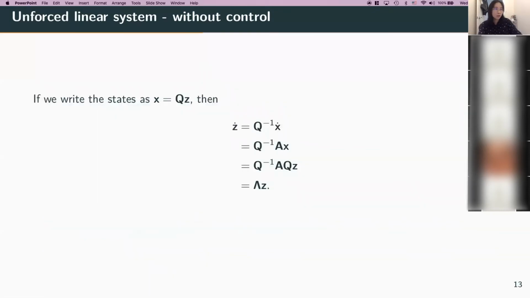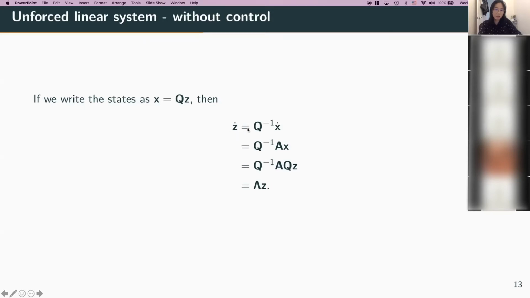Right, so now if we write the states as x equals Qz for some vector z, essentially we can just obtain z by multiplying Q inverse to x. Then we can actually transform the system into the coordinate system defined by the eigenvectors. So you can write the dynamical system in terms of the time derivative of z.